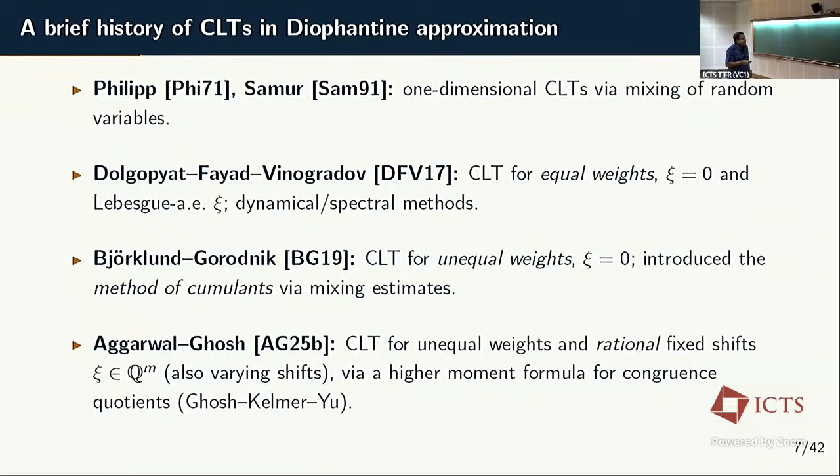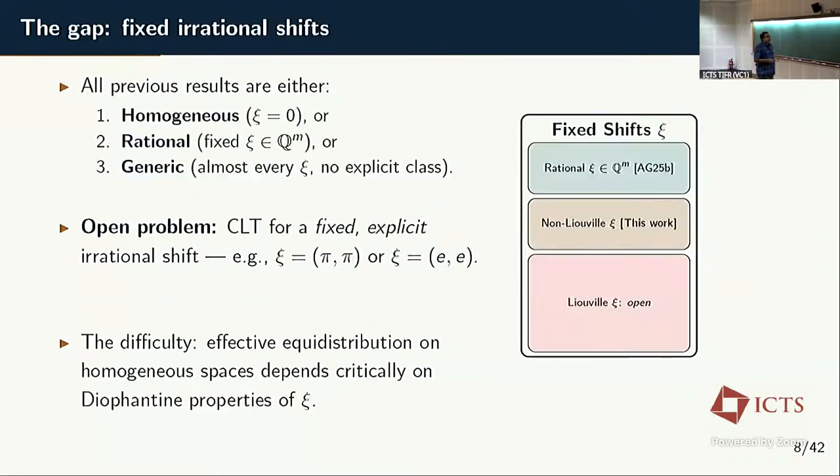And then in this century, we have kind of upgraded everything to higher dimension using homogeneous dynamics, using the spectral theory of automorphic forms. So in conclusion, all previous results either don't admit a shift, or admit a fixed rational shift, which is Gaurav and me, or they allow you to vary both the shift and the variable.